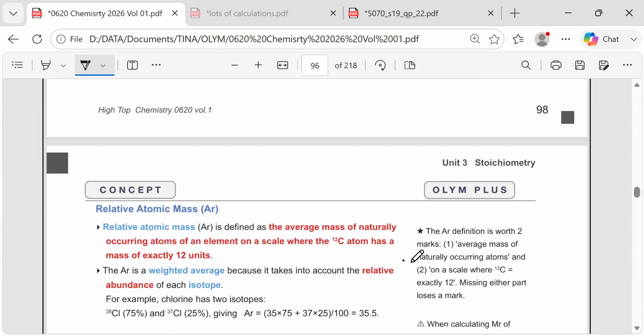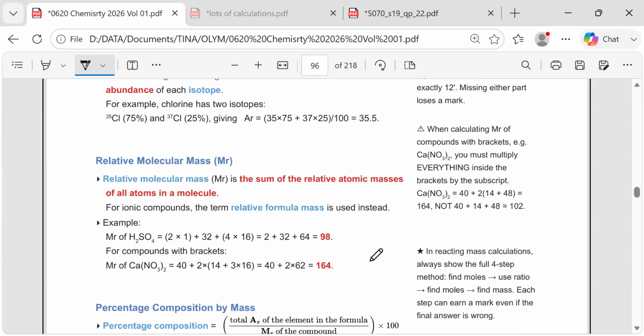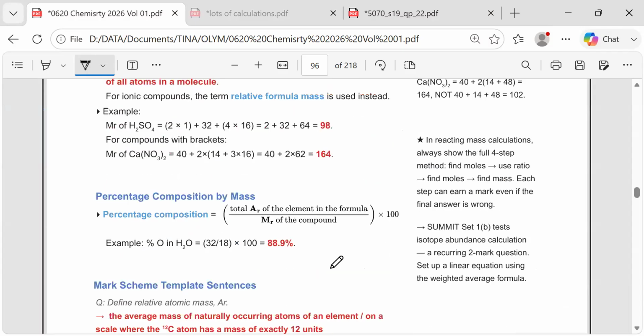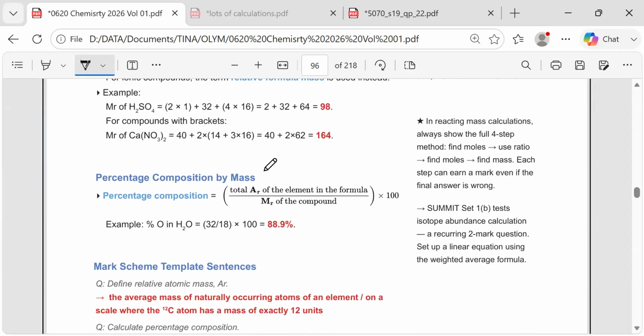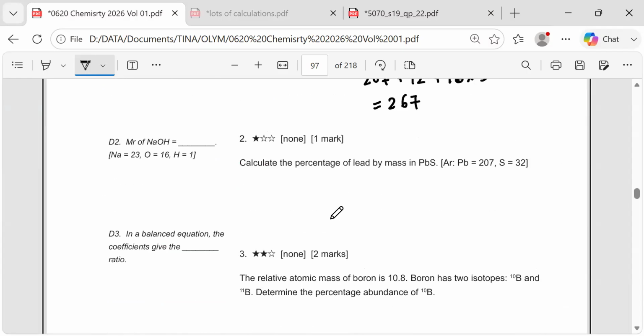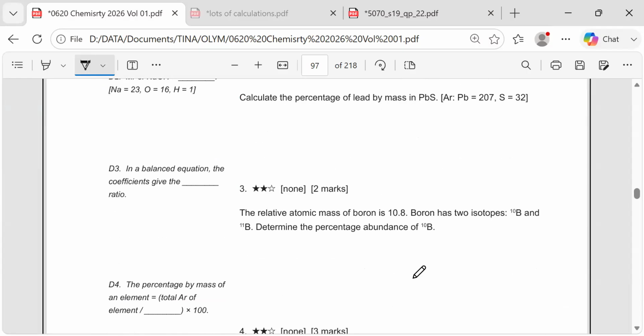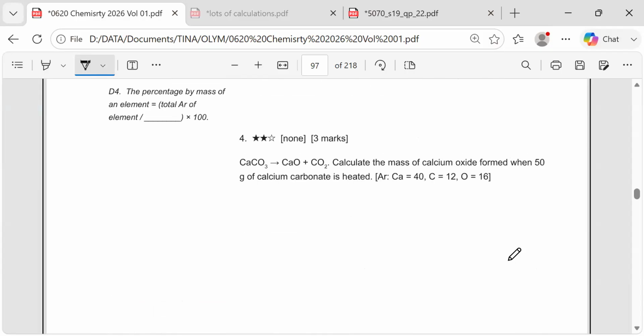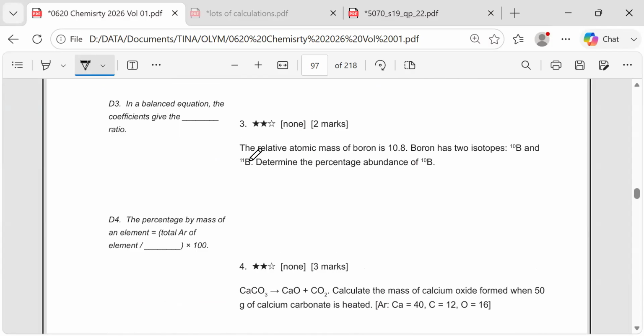Do you remember what isotopes are? And do you remember how to calculate the average of isotopes? That means the first one is how many percent, plus the second one how many percent, then we divide by 100. Do you remember? So look at question 3 on page 100.